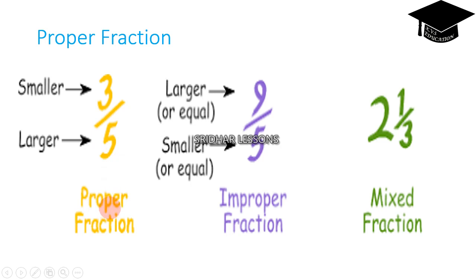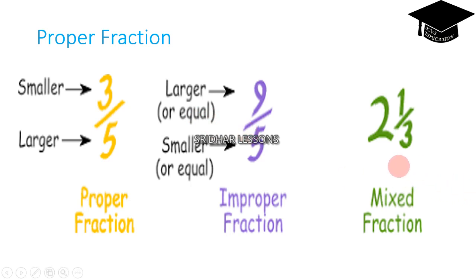The proper fraction has a smaller numerator and a larger denominator. Next, improper fraction, the reverse of this one. That means a larger numerator and a smaller denominator. In this case, they might be equal also.